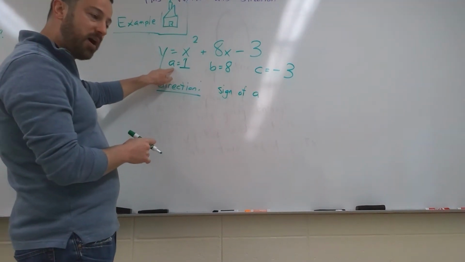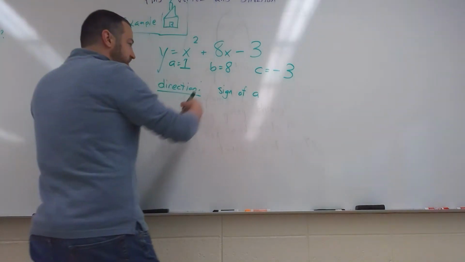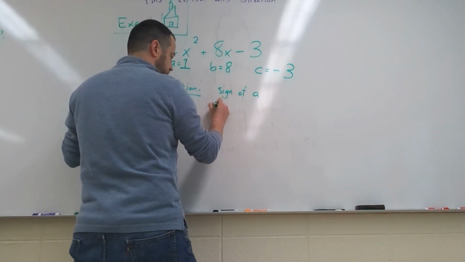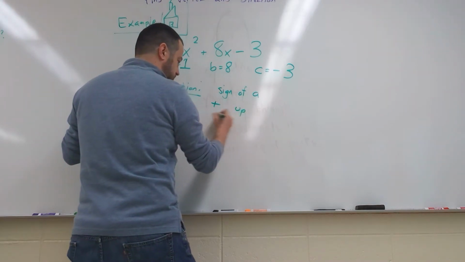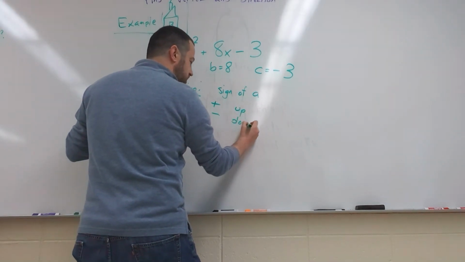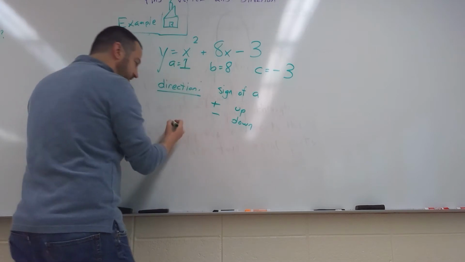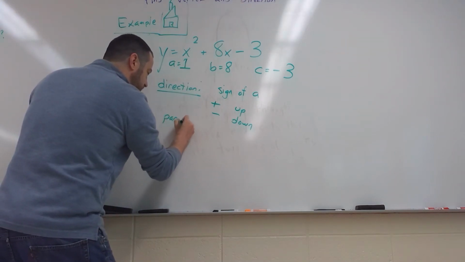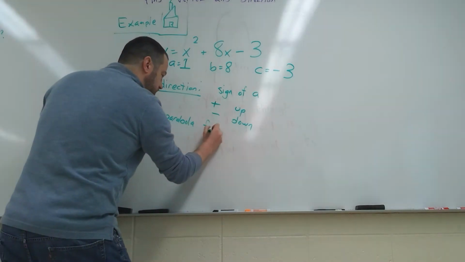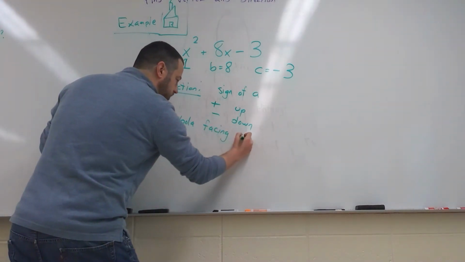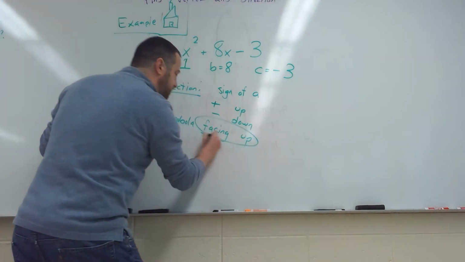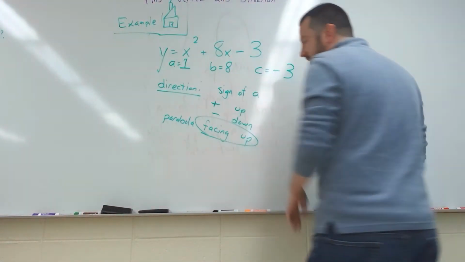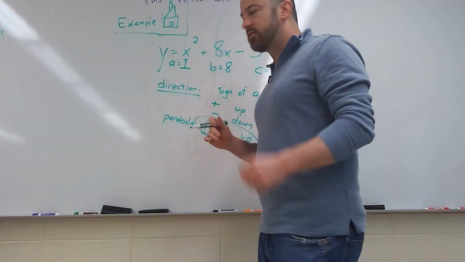So if a is positive, this is a parabola facing up. So in this example, a is positive, so this is a parabola facing up. Easy.